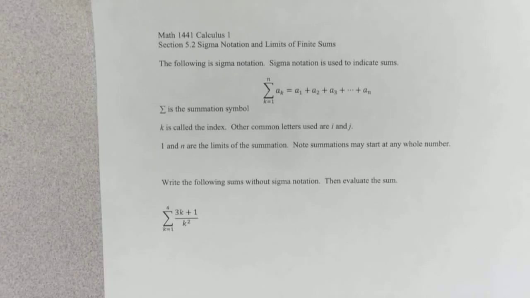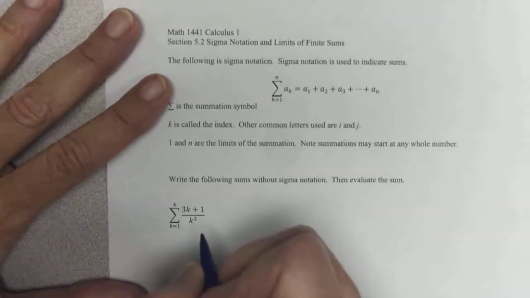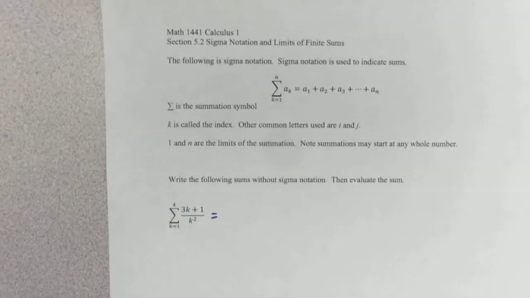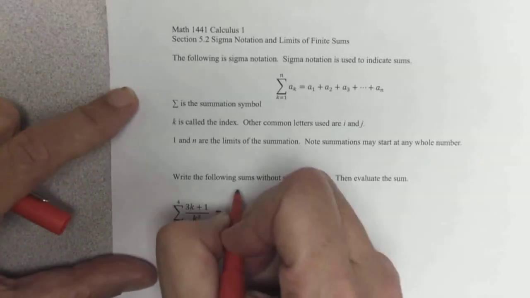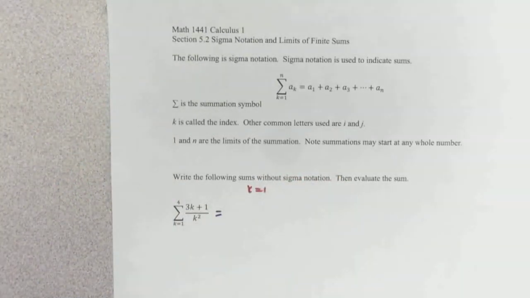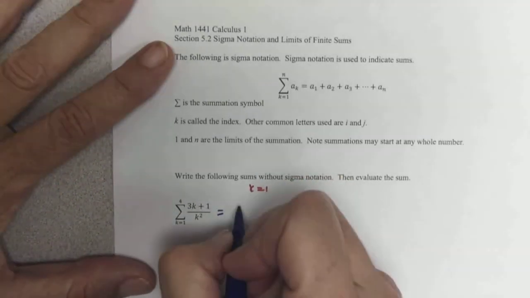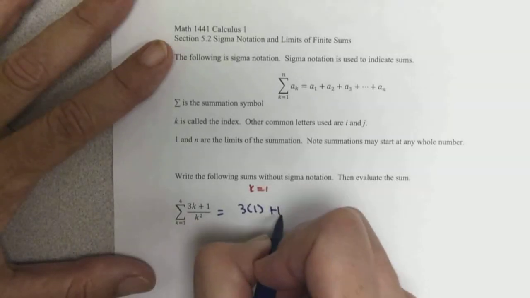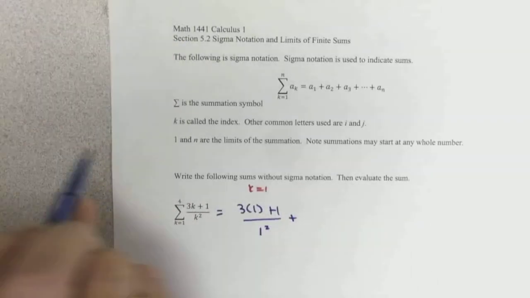Write the following without sigma notation, then evaluate the sum. The point here is just to get used to sigma notation. The first thing we're going to do is start at 1. For k equal 1, we get 3 times 1 plus 1 over 1 squared.